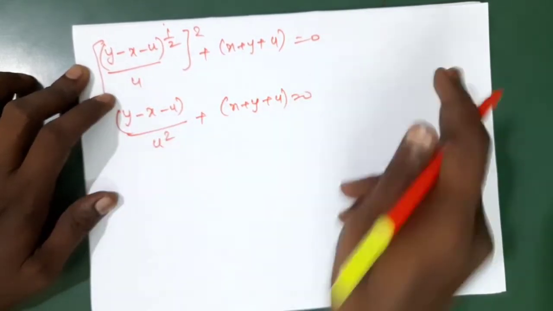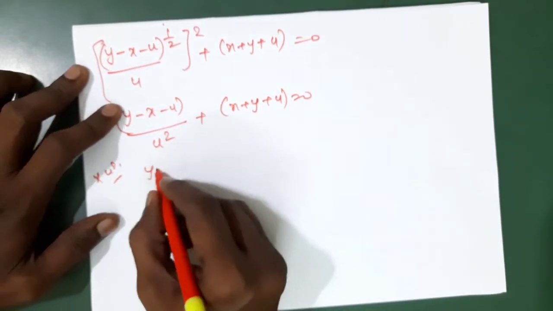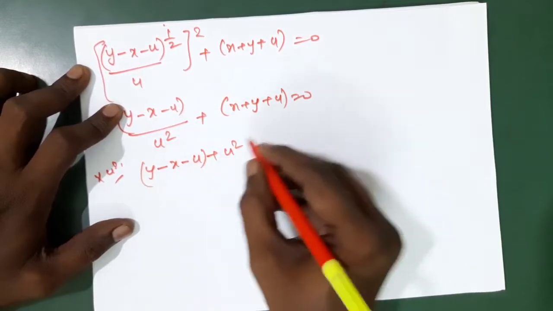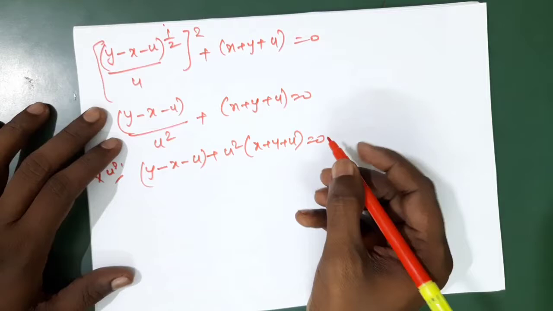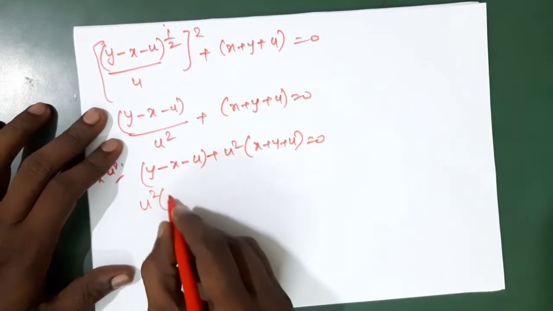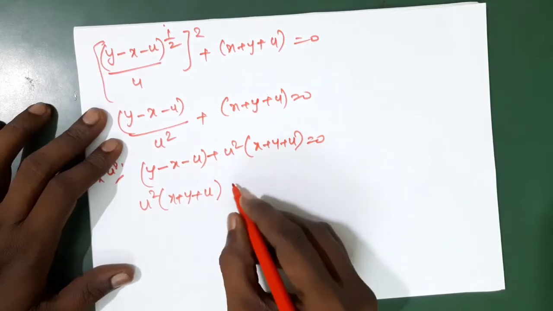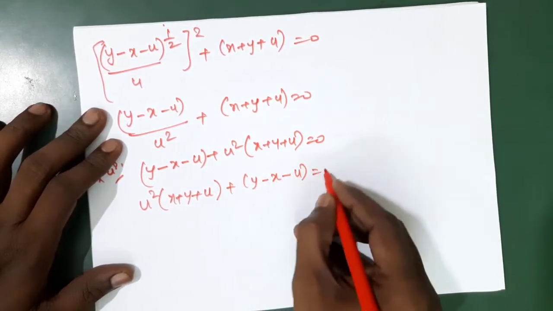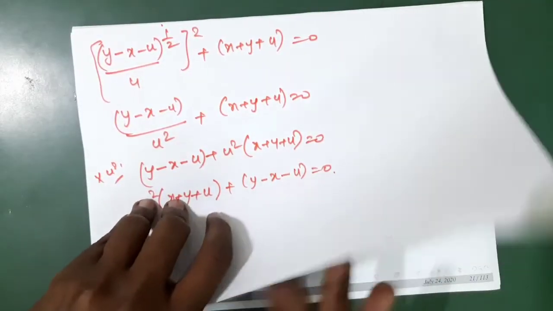Cross multiply it. Throughout multiply by u square. So what you will get? y minus x minus u plus u square into (x plus y plus u) is equal to 0. So u square into (x plus y plus u) plus y minus x minus u is equal to 0. So look for the solution choices.